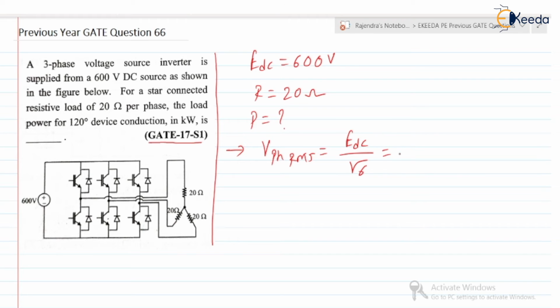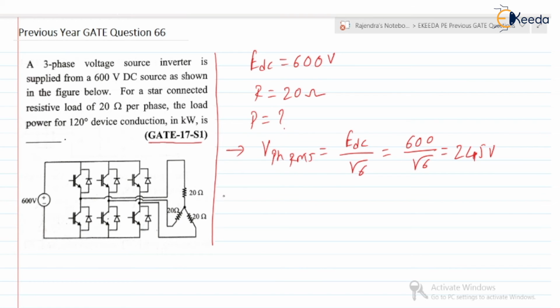So we can write it as 600 divided by root 6, which is equal to 245 volt. So this is the per phase RMS value of load voltage, V_PH RMS, or you can write V_0 RMS value.